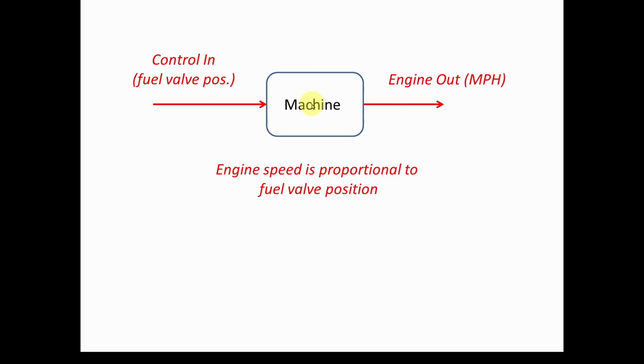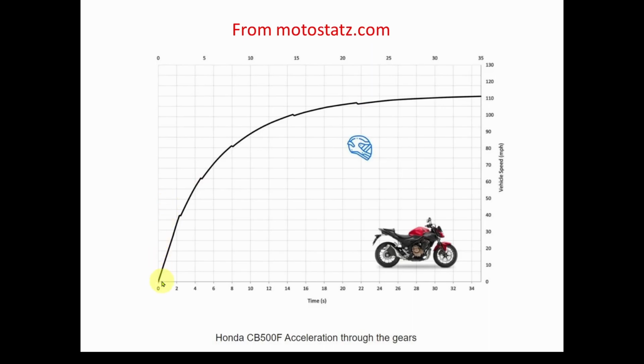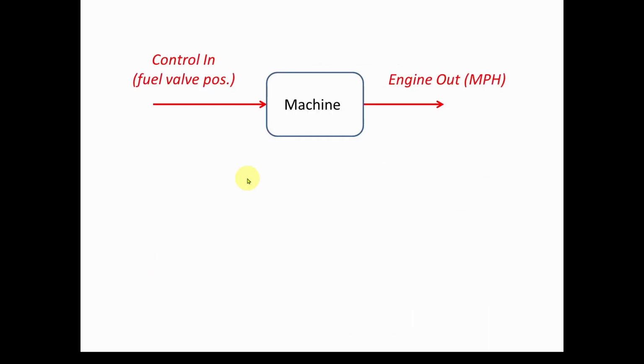Well, if it's running and you twist it to maximum throttle, that thing's going to accelerate like we saw here, right? It's going from 0 miles per hour, it's going to start accelerating. So we can see that there is a relationship between the speed of the motorcycle and the control valve or fuel valve position. It's proportional in some way. We're not sure how, but it's proportional, which means the more wide open the fuel valve is, presumably the faster the motorcycle will be going.